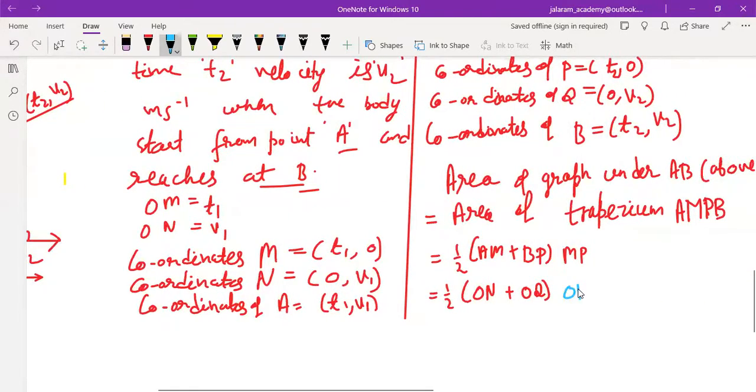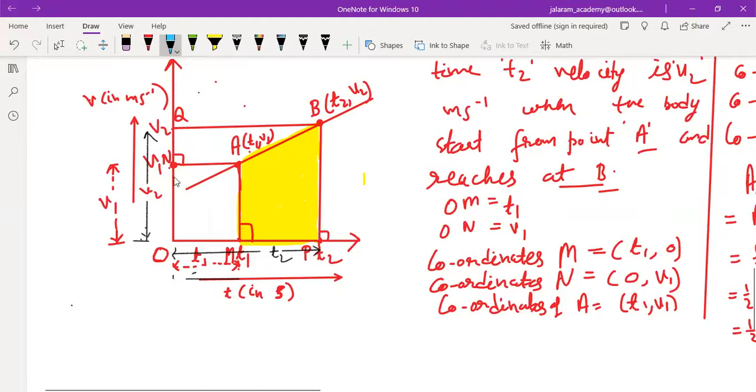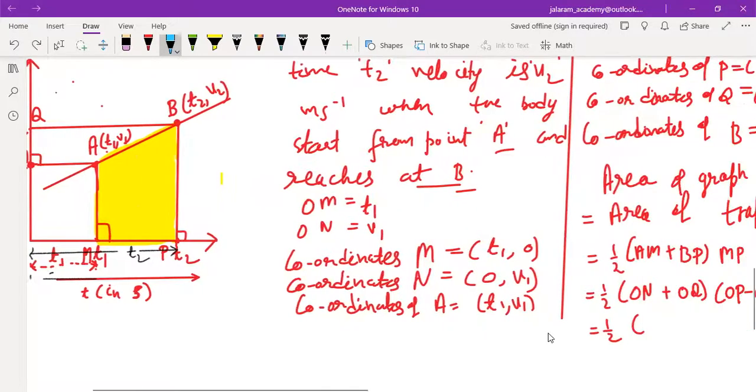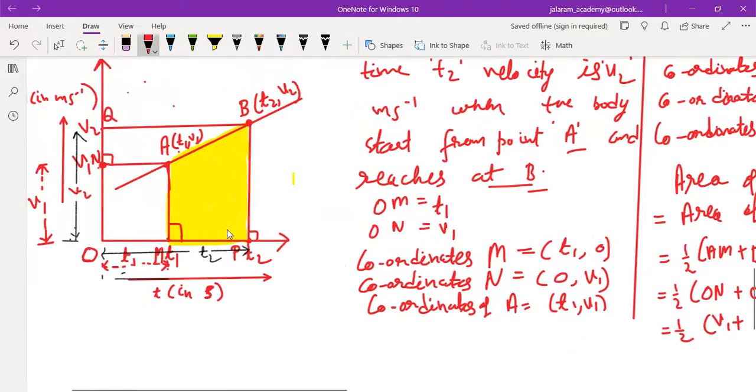So we write OP minus OM equals to half into length of ON is equal to, we already have written V1. ON equals to V1. Plus OQ.